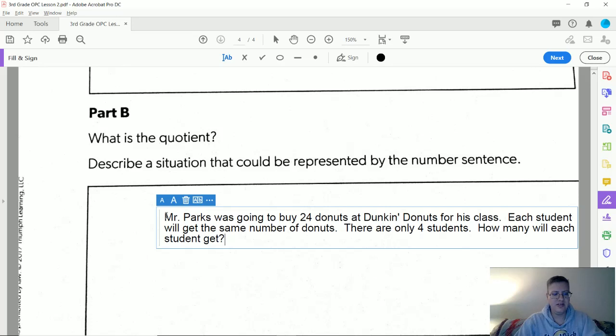So this is an example of something that we won't normally have to do when we are doing the state test. It's very rare that we actually have to type out an answer, but sometimes we will. We will practice these types of tasks just to make sure students are able to clearly communicate.